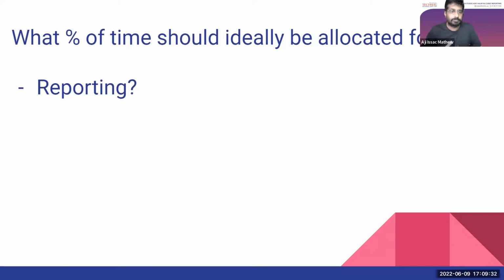Okay, Shrikant says 15 minutes, 30 percent. All right. Everyone can participate. Use the chat, please. Ideally, not currently how much you are spending, but ideally, should it be 5%? Should it be 50%? Should it be 20%?